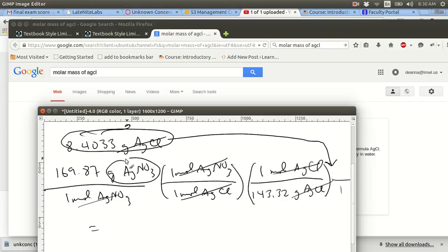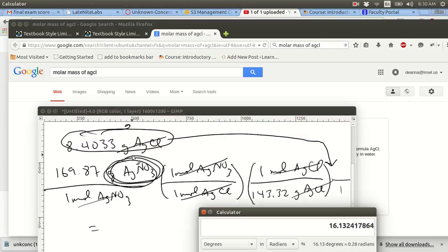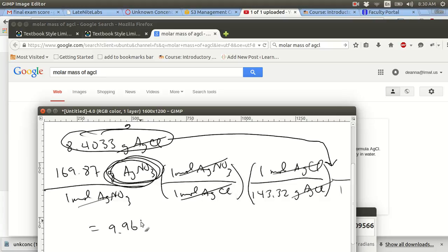This is the only thing I have left, grams of AgNO3. So I get 9.960, oops, there's 5 significant figures, 9.9600 grams of AgNO3. That's what I get.